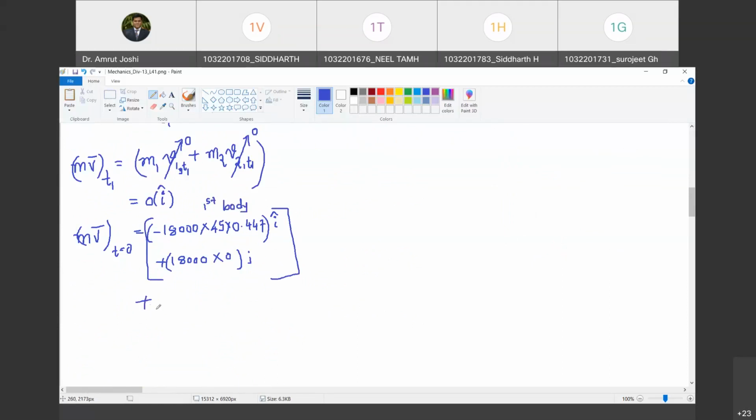Plus the momentum of the second bogie. So how do I write that? Minus 13,000 multiplied by 45 multiplied by 0.447. That bogie also had the same speed. Do you agree with me? Yes, sir. I cap. And what is its velocity in vertical direction? 0.